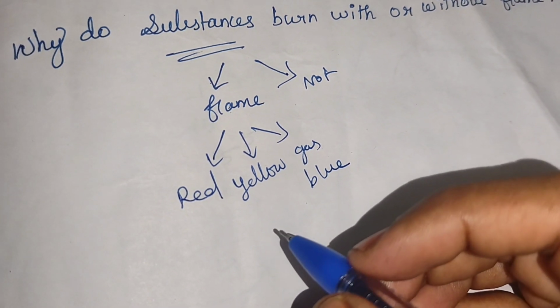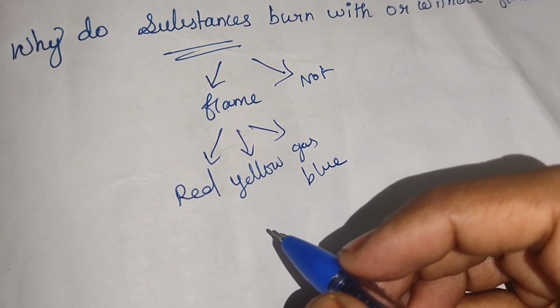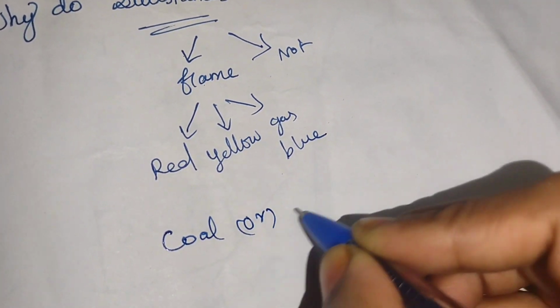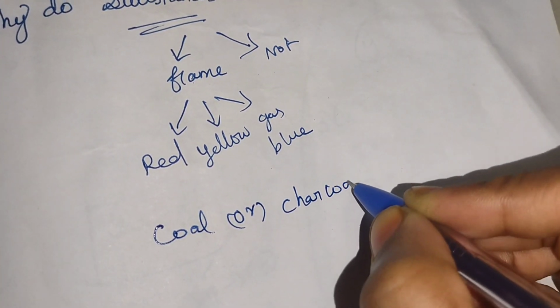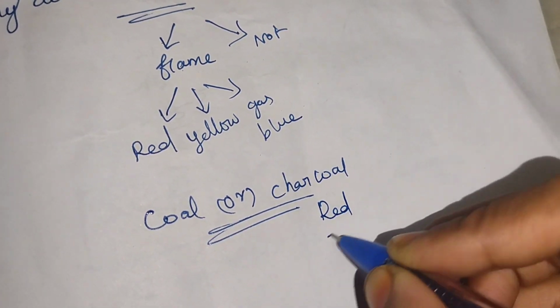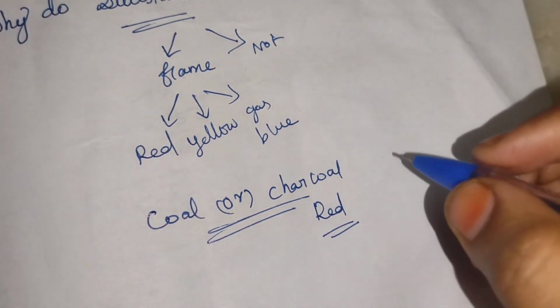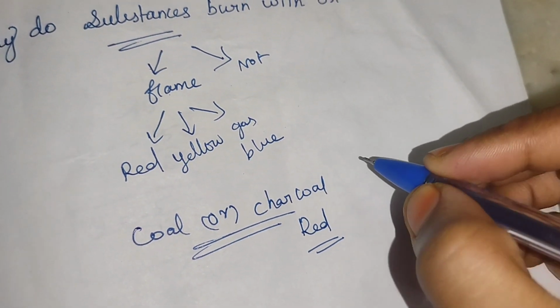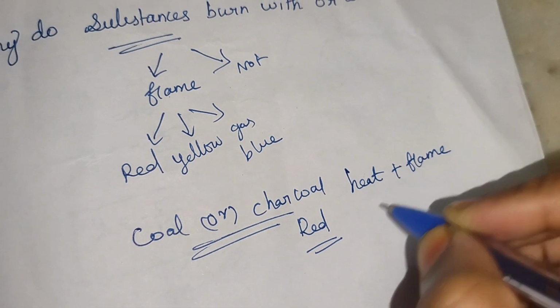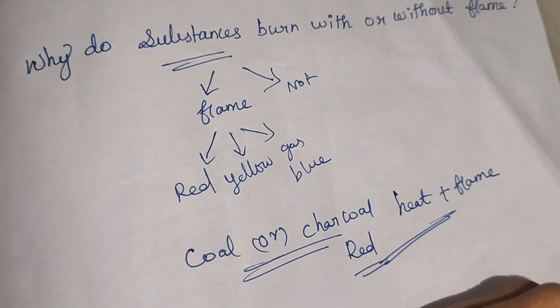Let me check the coal or charcoal flame. This flame is in which color? It is a clear red color, and it also releases a high amount of heat and flame.